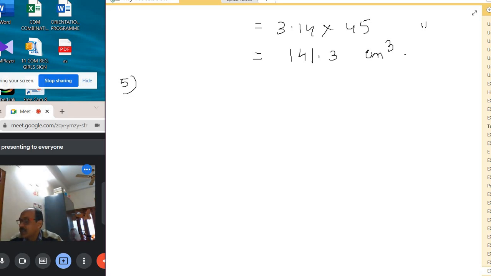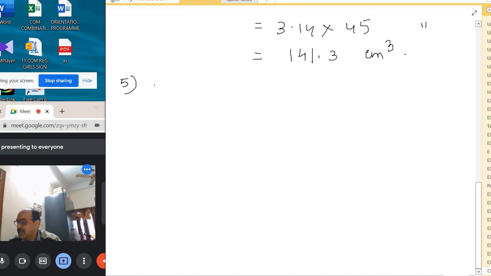Okay. So it is given: total cost rupees 2200, cost per meter square rupees 20, and height also given, 10 meter. Depth means height.